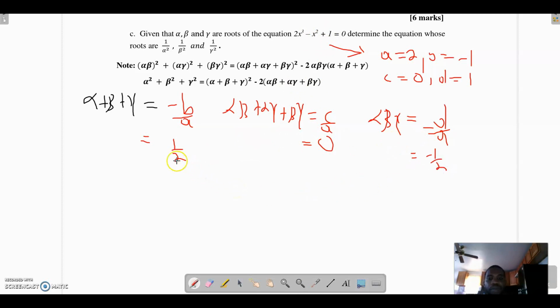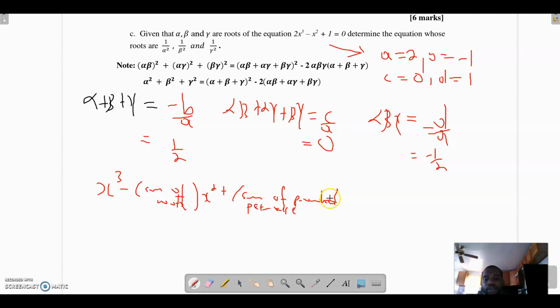Now, let me get into the equation. Since we're given the roots of the equation, you know the equation will take the form x cubed minus the sum of roots times x squared plus the sum of product pairwise times x minus the product equals 0.